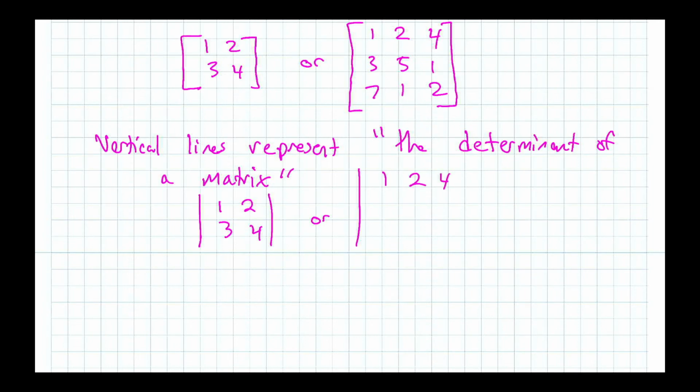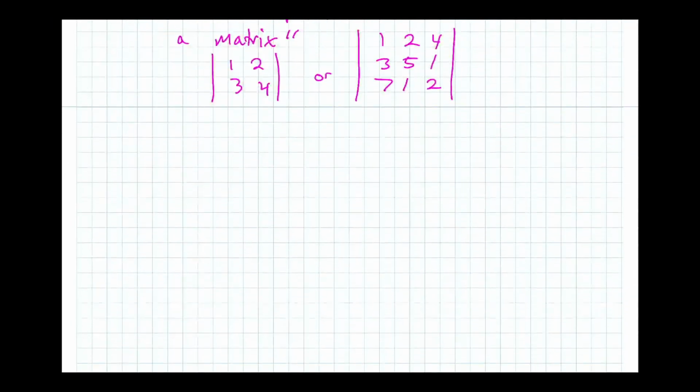Just notice the difference. Vertical lines mean we're supposed to be doing the determinant of a matrix. Now we need to know how to evaluate them. You need to know how to evaluate a 2x2 determinant and a 3x3 determinant.